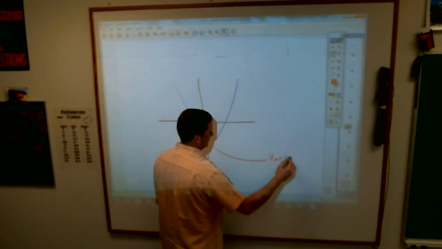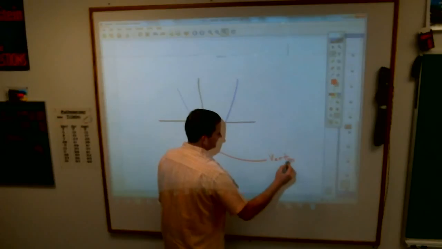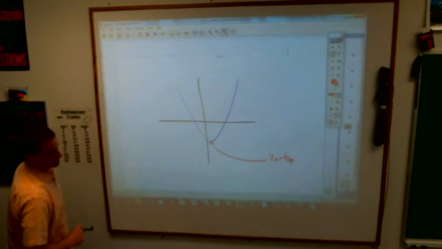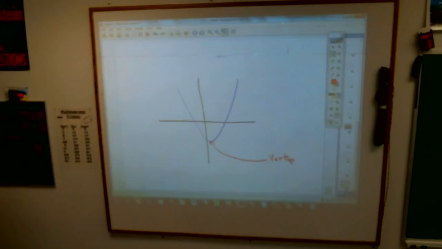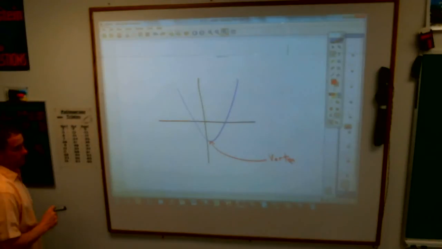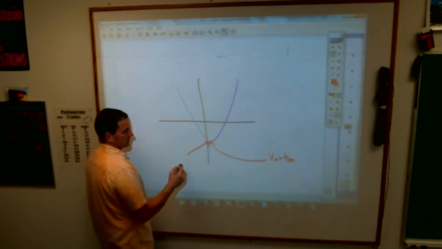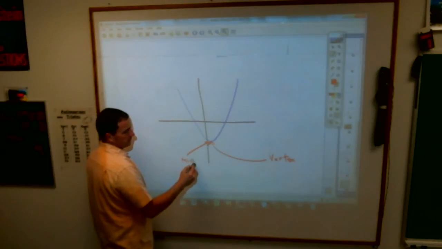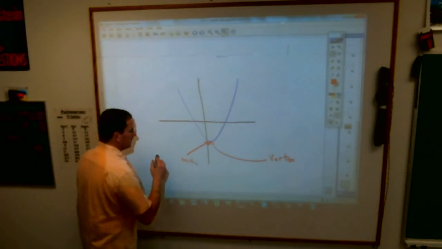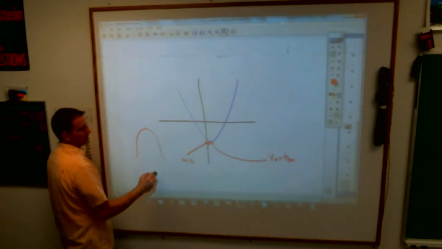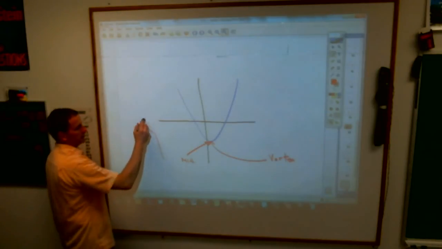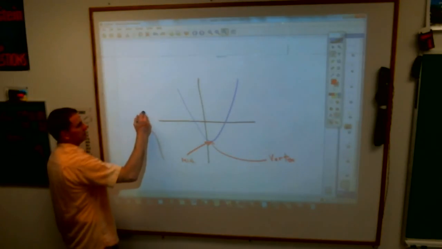Yes, the axis of symmetry. Okay. It's the vertex of the parabola. And in this case, if it's pointing this way, yes, it's called its minimum. If the parabola goes up, that vertex is called its maximum.